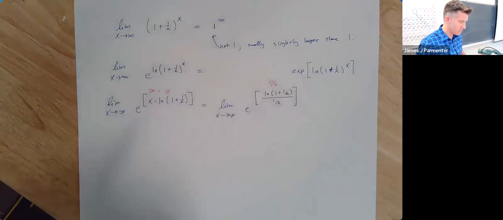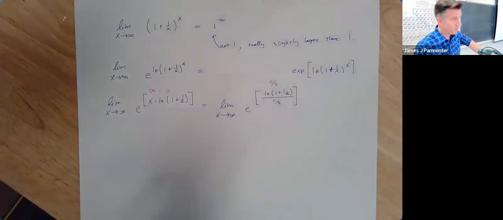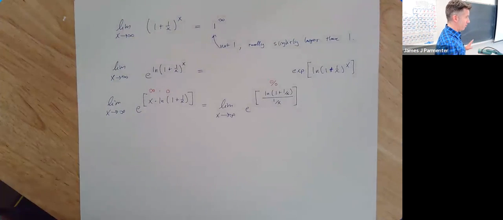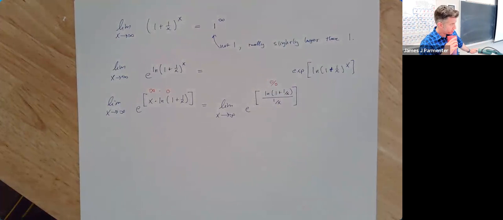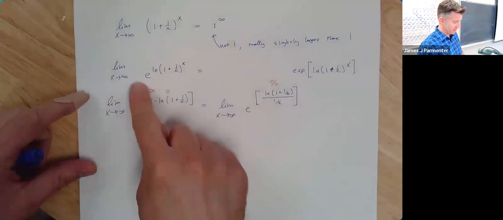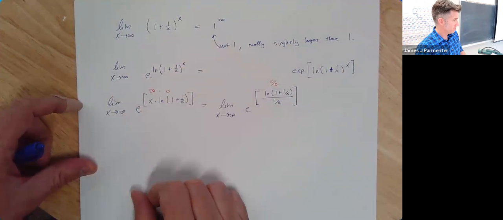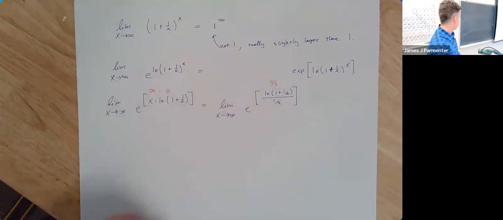Before we do the next part, let me just backtrack for a minute and ask any questions about any of the things that I've done so far. Happy to clarify. Everyone's cool with the fact that I changed this into e to the natural log of that? It's definitely right.